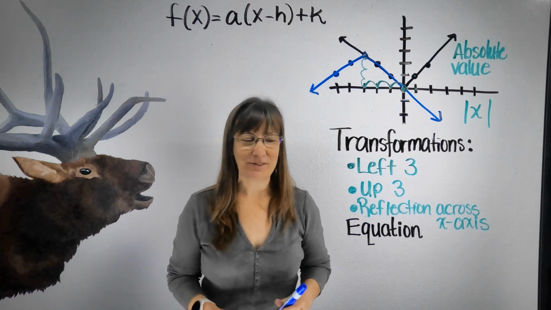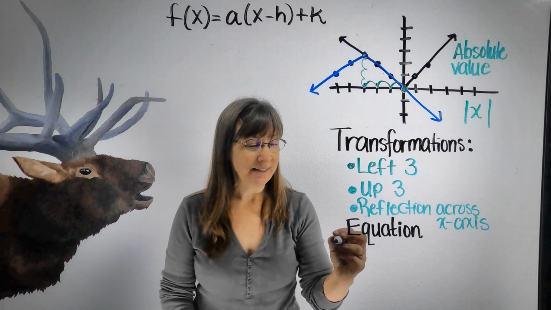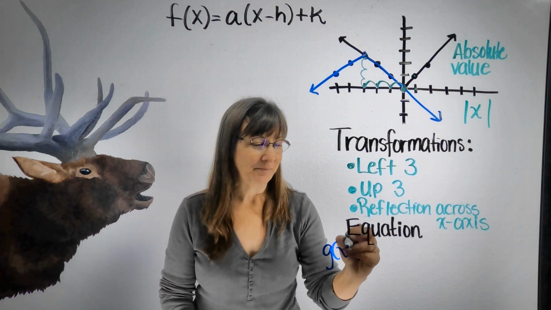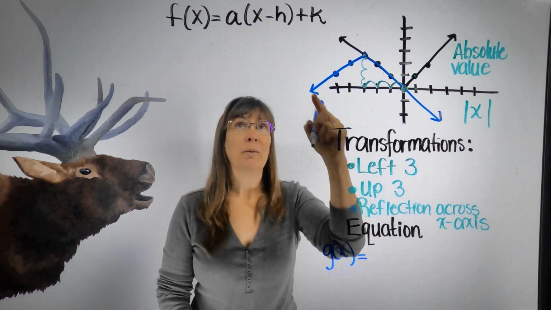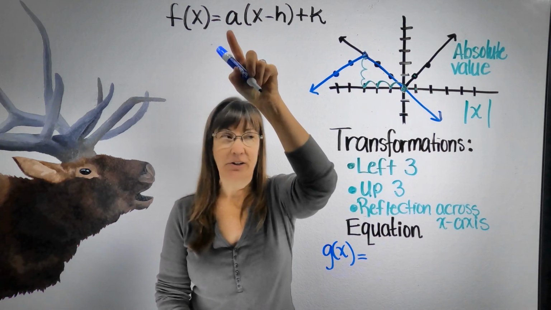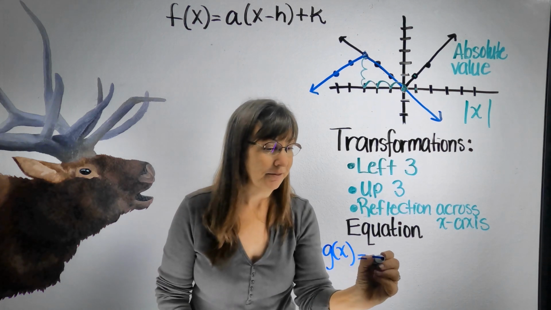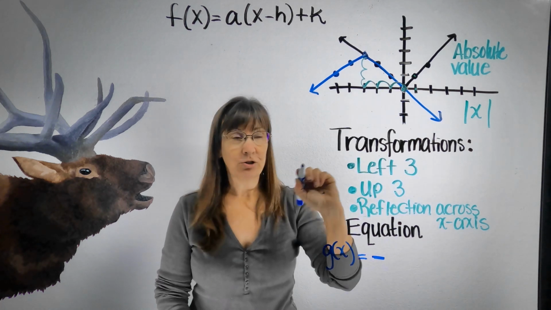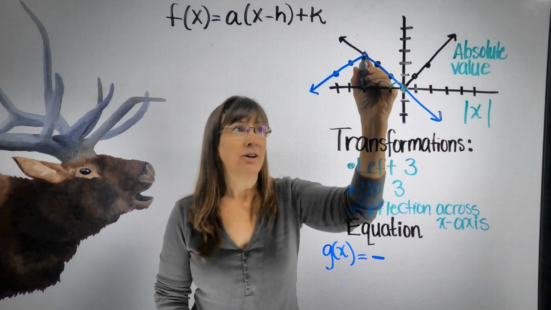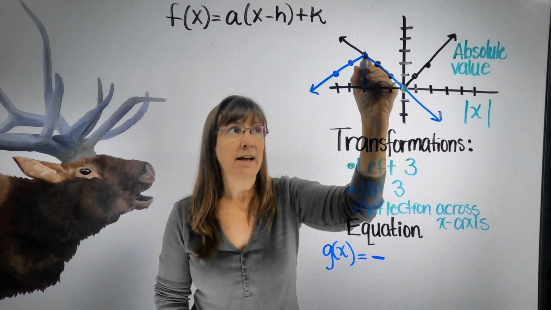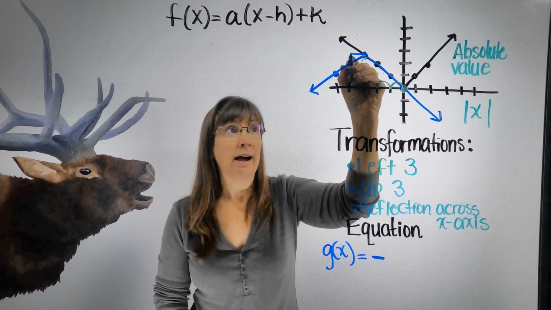Let's write the equation for this. I'm going to name it g of x. Now remember, first we're going to be looking at the a value. It has been reflected, so the a value is negative. There is no stretch or shrink because, again, it goes from this vertex out 1, down 1. Out 1, down 1.